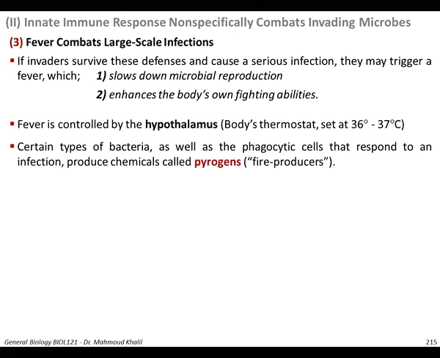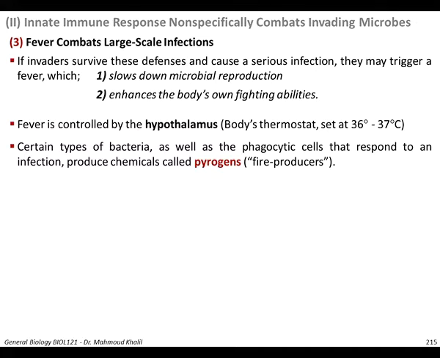Certain types of bacteria, as well as phagocytic cells that respond to some kind of infection, produce very important chemicals collectively called pyrogens. Pyrogens means fire producers. So pyrogens are the major cause to provoke fever inside our body.